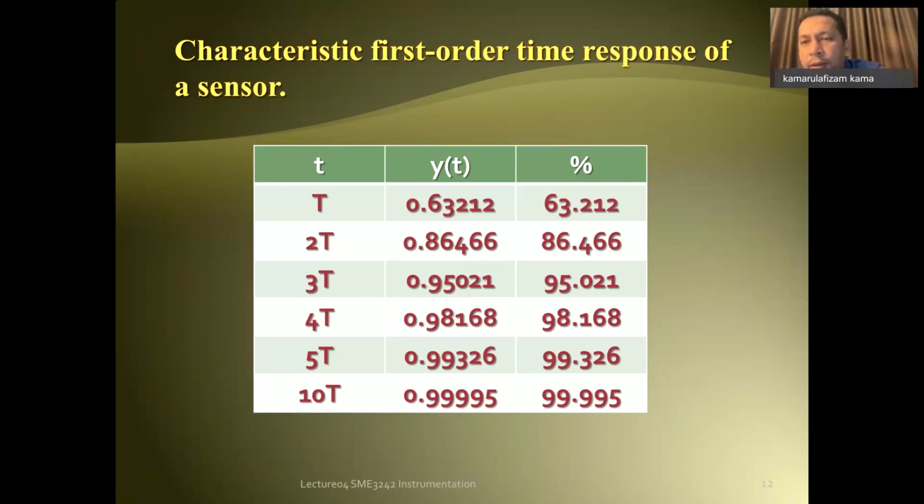So 5T means that the system completes its cycle. The first T, capital T, means that the system is completed only 63% of its cycle. If the system reaches 5T, we say that the system has completed its cycle.